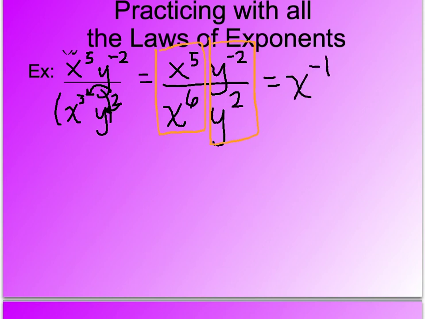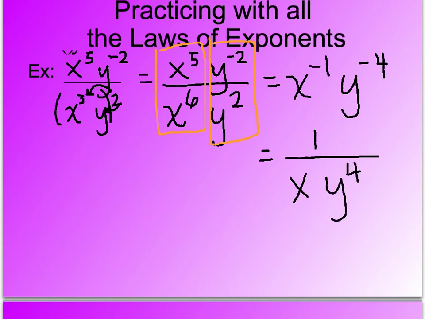And then I have negative 2 minus 2, which is negative 4, so I have y to the negative 4. But I can't write my final answer with negative exponents. So to take care of those, I'm just going to move them to the denominator, which just means I'm going to give the reciprocal of this answer, x to the first, which I don't have to write the 1, and y to the positive 4.